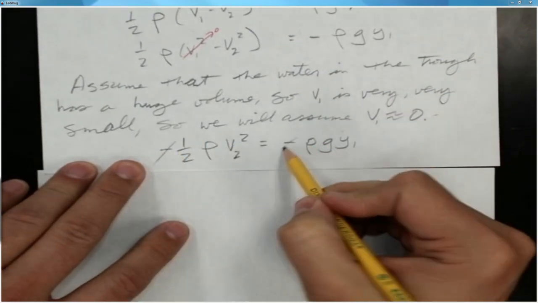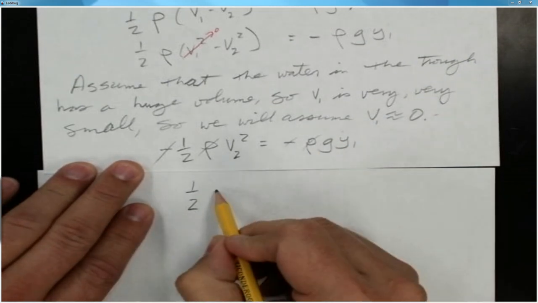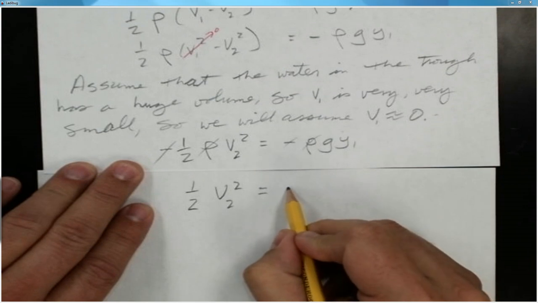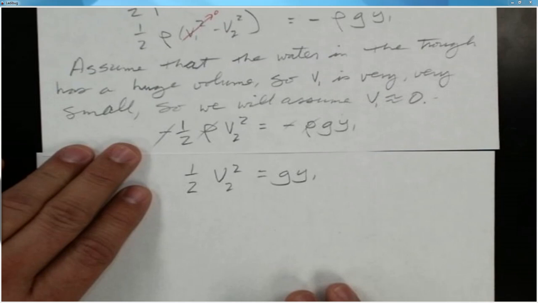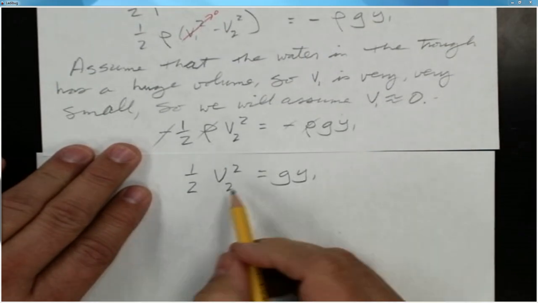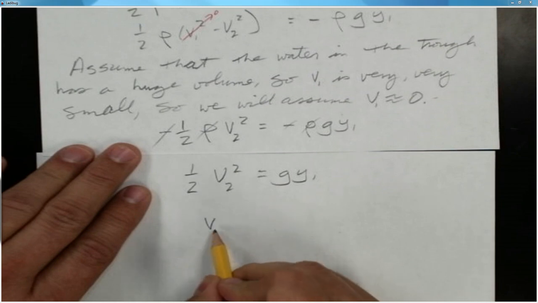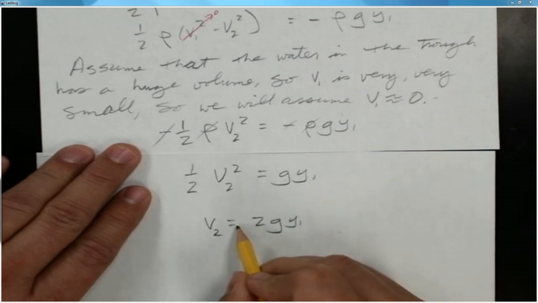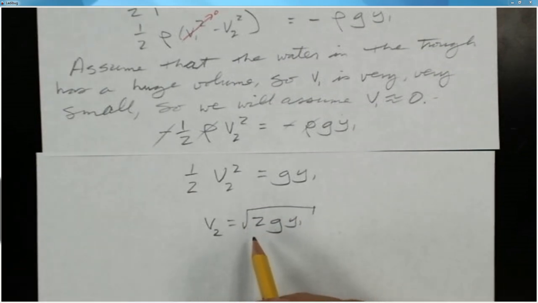So there goes my negatives, and there goes my rhos. Then you have 1/2. So if I want to solve for V2, multiply by 2 on both sides and take the square root. And this is what we're looking for.